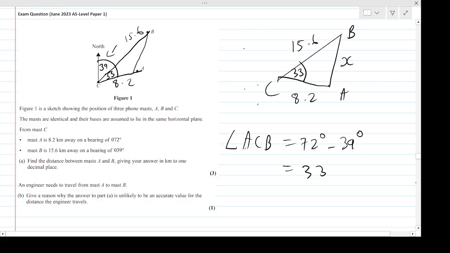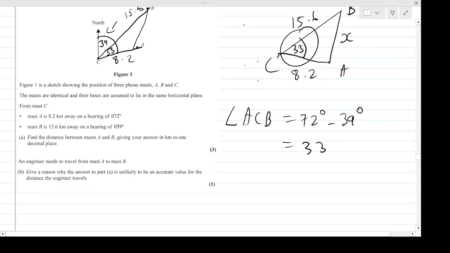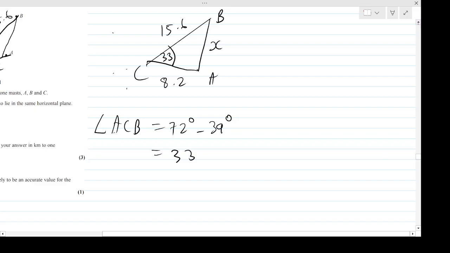So then we can use the cosine rule, right? I know an angle and I know two sides. I know this side and this side, so I can work out the missing side x, which is the side facing the angle.